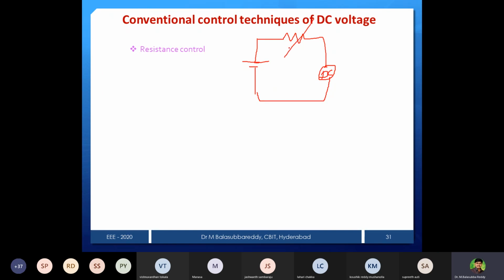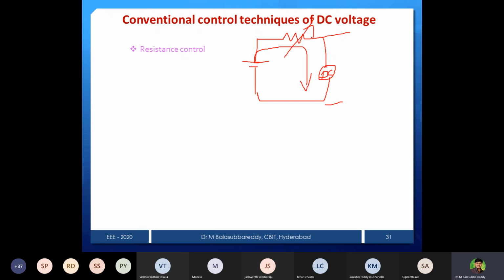By controlling the resistance, you can get a variable DC. If you measure the voltage across the load side, what will happen? By changing this resistance, suppose the resistance is maximum, then what will happen? The current will pass like this. Whenever current passes through the resistor, there is an IR drop, and there is also power loss, the I square R loss.